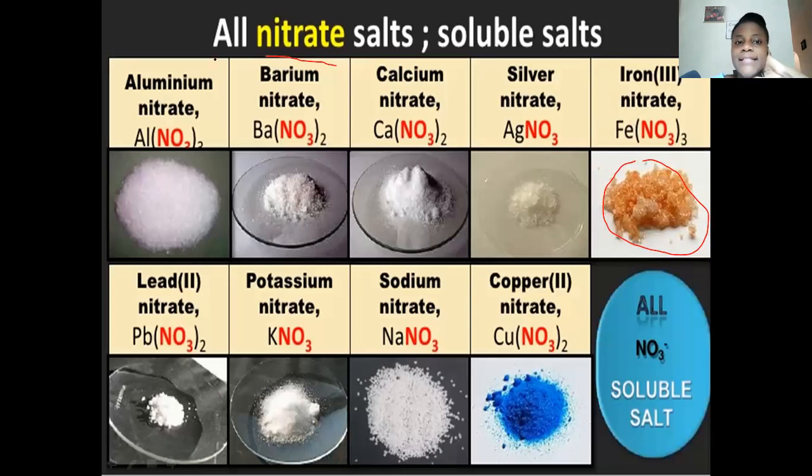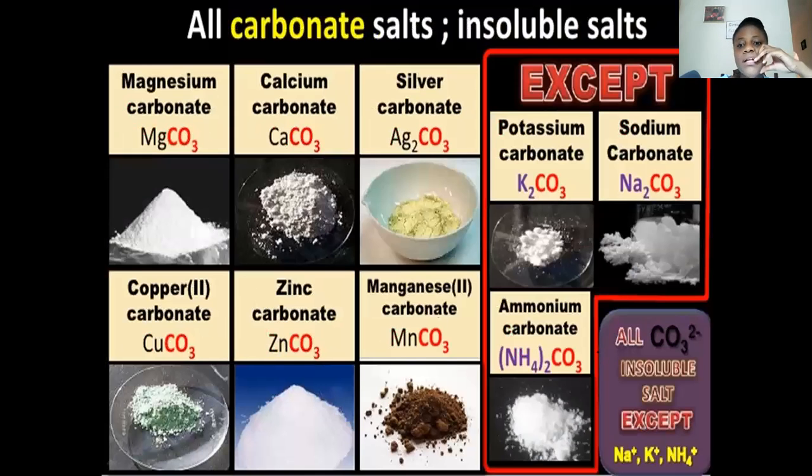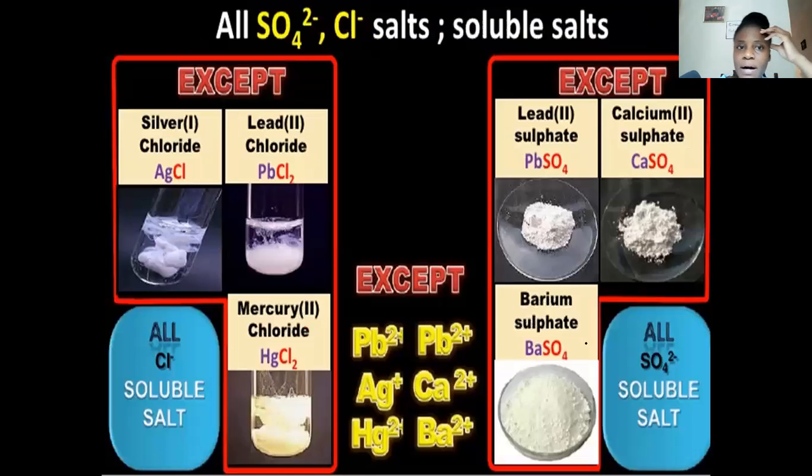So as I said, all nitrates are soluble. Once you have nitrate in the name, it's soluble. Once you have sodium in the name, it's soluble. Once you have potassium, ammonium, it's soluble. Just remember SPA. Now, carbonates, as I said, are insoluble except SPA.